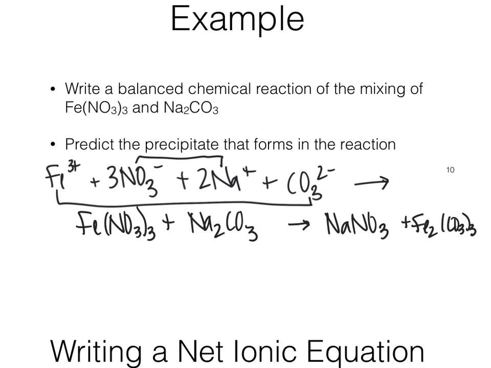In this case, if we put a 2 in front of the iron nitrate and a 3 in front of the sodium carbonate, that gives you 6 nitrates and 6 sodium. So if we put a 6 here, that will give us a balanced equation. And the states on all of these, yikes, are going to be aqueous.